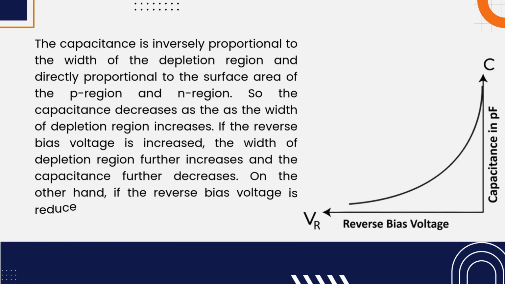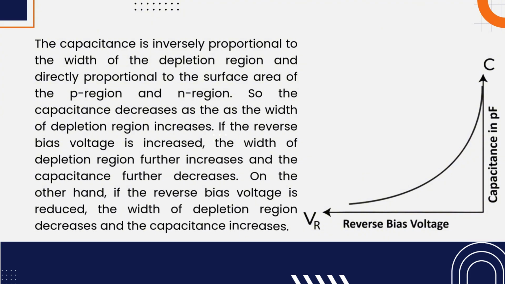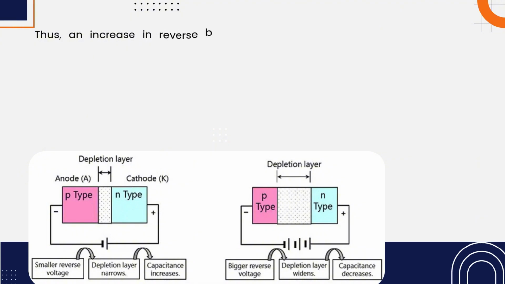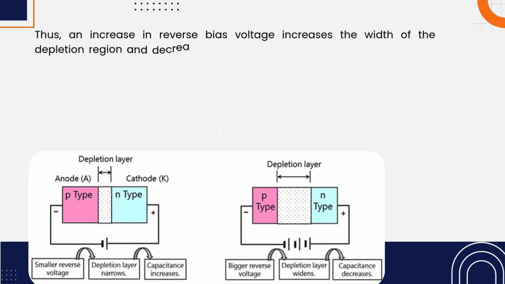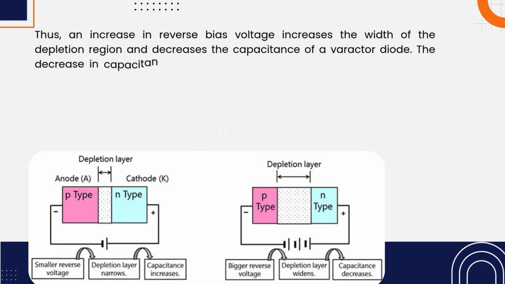On the other hand, if the reverse voltage is reduced, the width of the depletion region decreases and the capacitance increases. Thus we can say that an increase in reverse bias voltage increases the width of the depletion region and decreases the capacitance of the varactor diode.